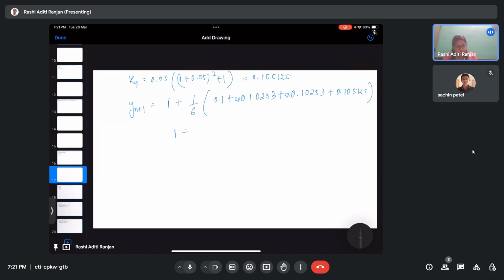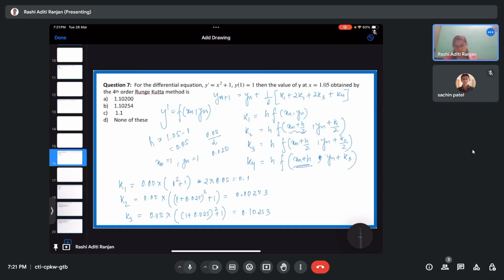This would give me 1 plus 1/6 into 0.615245, and this would give me the value 1.10254.